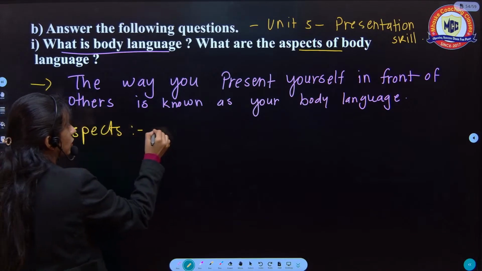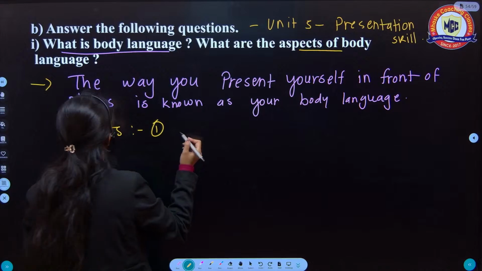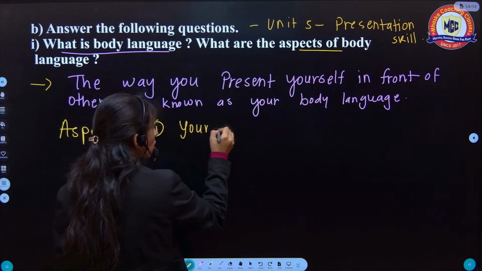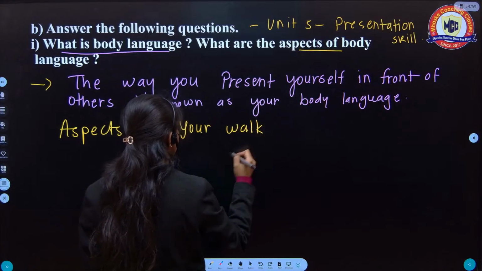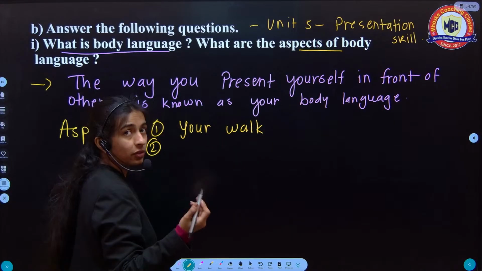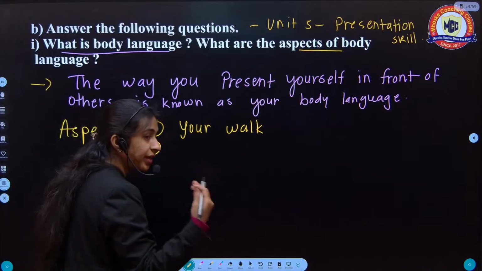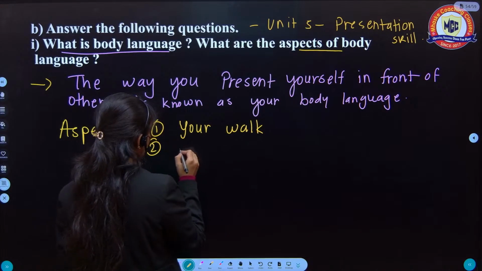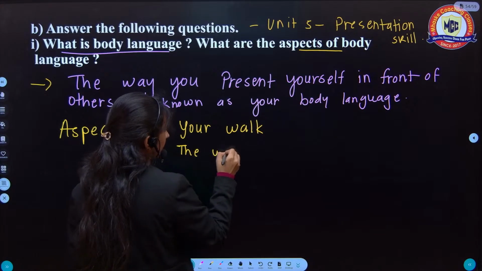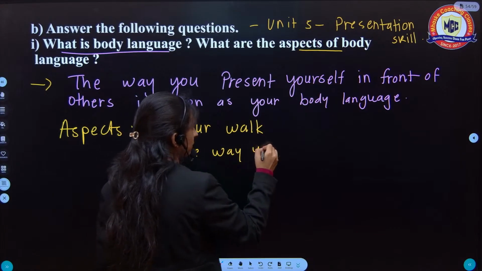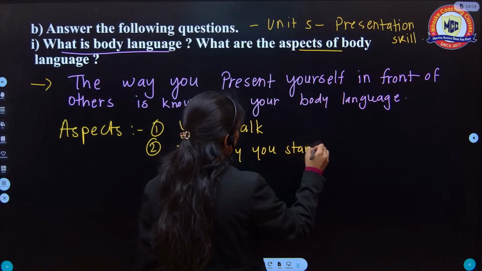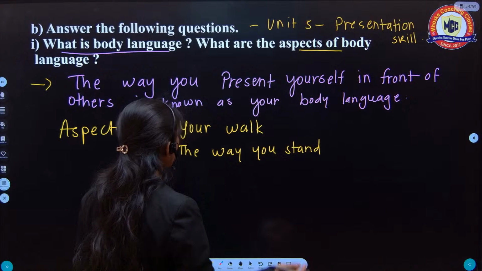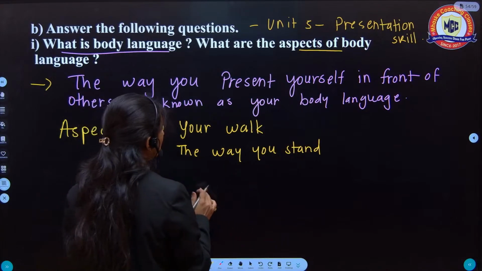Okay, so the first one is your walk, basically the way you walk, the way you enter, then the way you stand. I'm writing it in a simple way because I'm not able to write the whole thing. You can describe this in your own words.